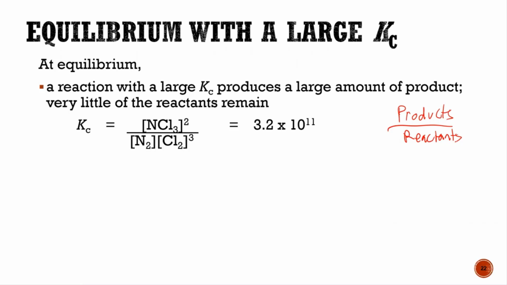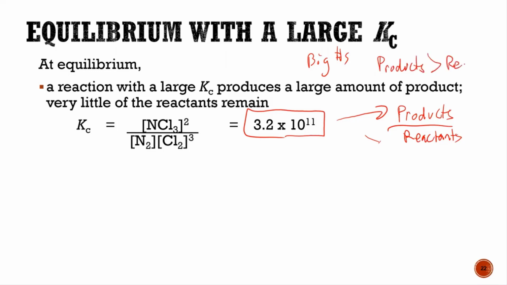So if I have a really big number, like 10 to the 11, what does that mean? My numerator must be a lot bigger than my denominator, right? So for big numbers, products must be bigger than my reactants.